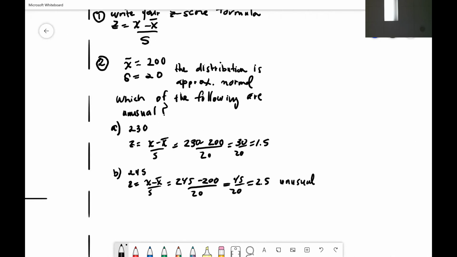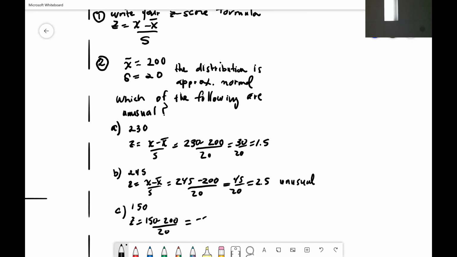But it could also be in the opposite direction. Let's say x equals 150. Z equals 150 minus 200 divided by 20.